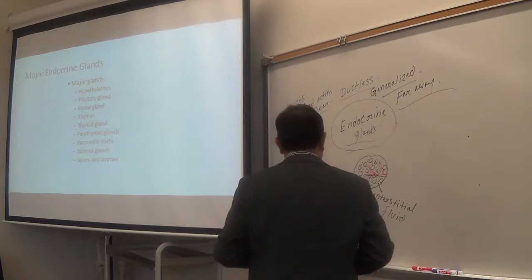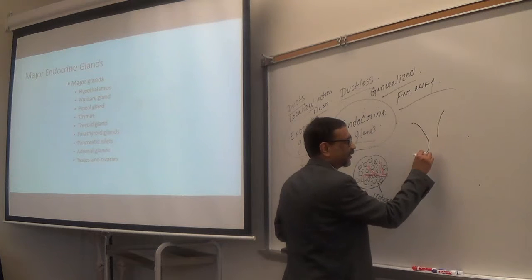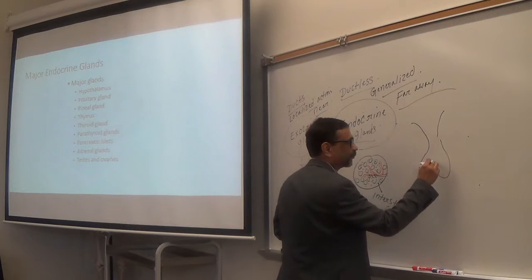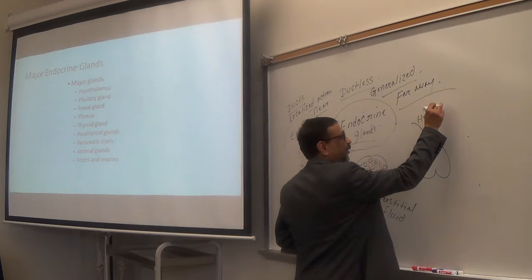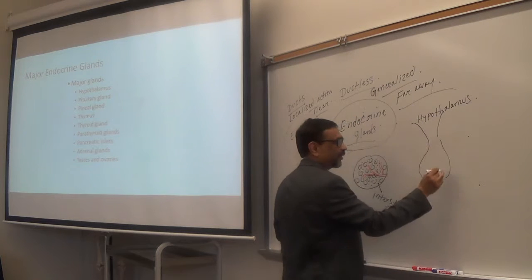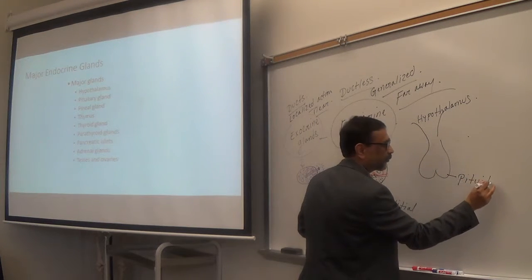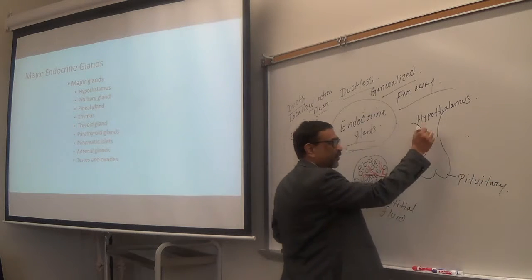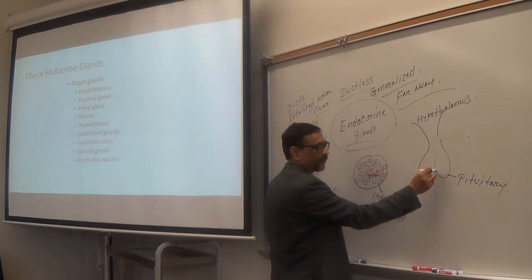Hypothalamus controls the pituitary. So this is the hypothalamus and this is the pituitary gland. I said they are very closely connected. The pituitary gland has two lobes.